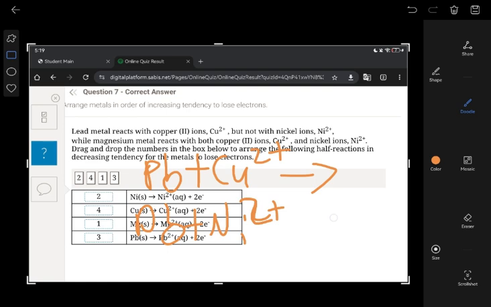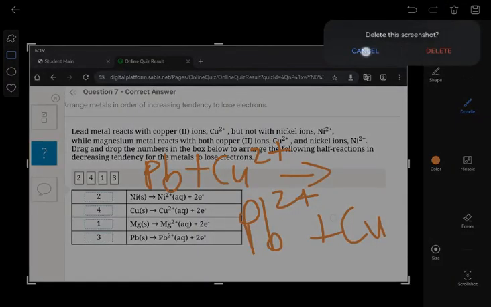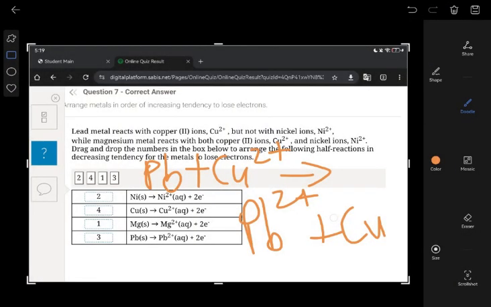Because if it was like that, then lead would lose its electrons and give it to nickel. But here it works because lead is more likely to lose than copper. So it's going to become Pb2+ and Cu metal. So we don't know where they are, but nickel is above lead and lead is above copper.